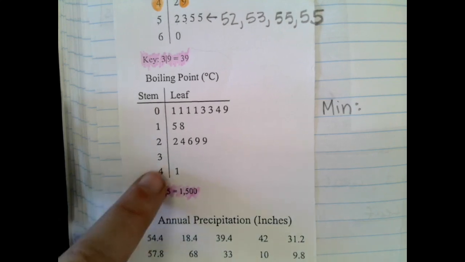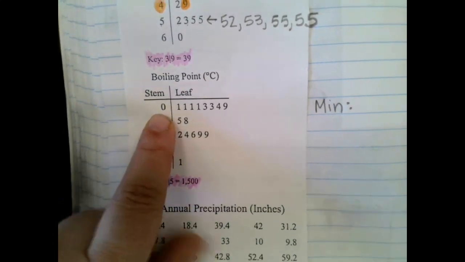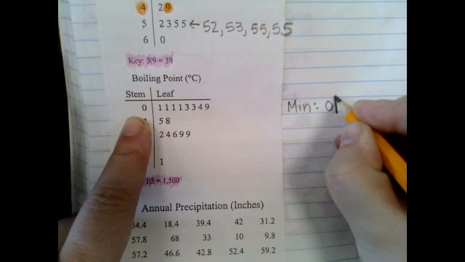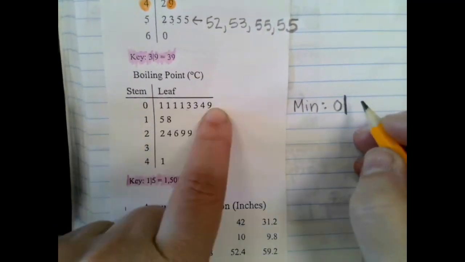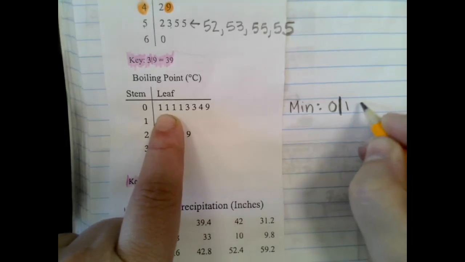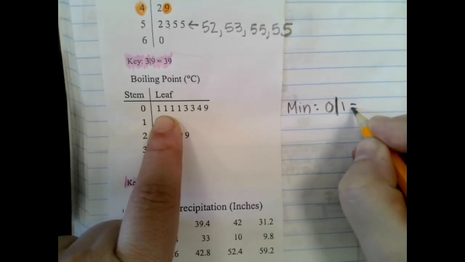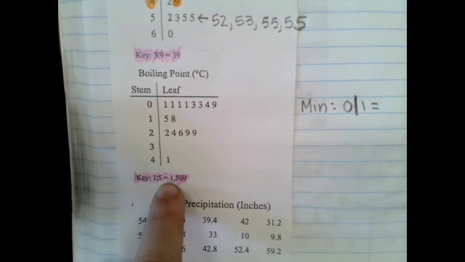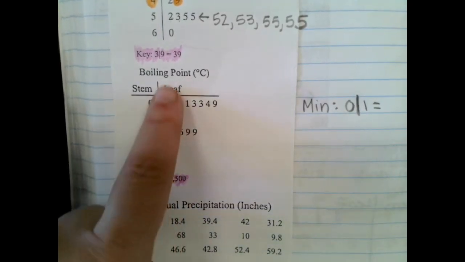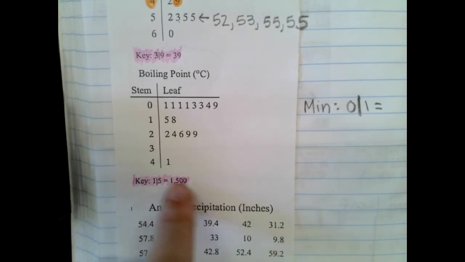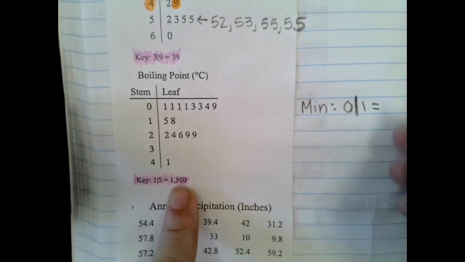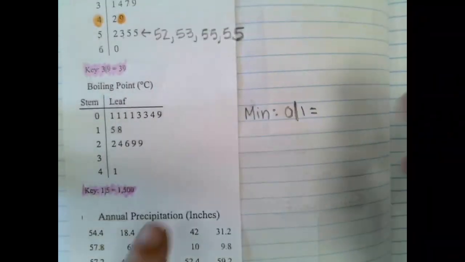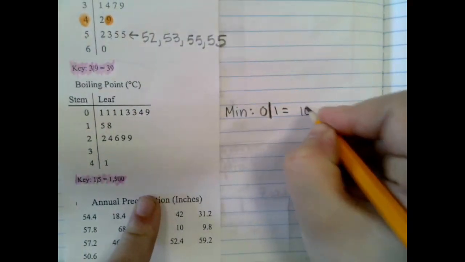Yeah, we're going to go to the top of the stem, 0, and then 0. Our smallest one in that row is a 1. So I have to think, what does that mean? 0, 1. 0 represents the thousands, and the 1 is in the leaf part, and the leaf represents hundreds. So it would just be 0,000, so no thousands, just 100.